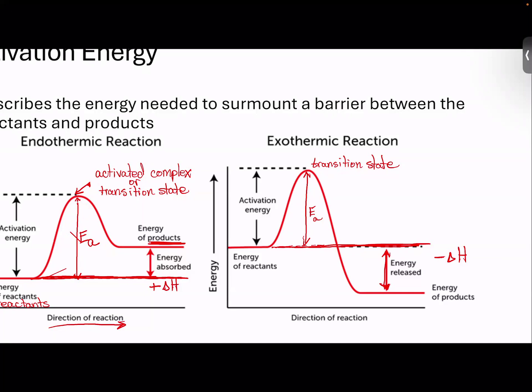Both of these have a fairly high energy of activation. We're going to talk in a little while, probably on Tuesday, about how we can try and lower that energy of activation in order to make the reaction more likely to occur by adding a catalyst.